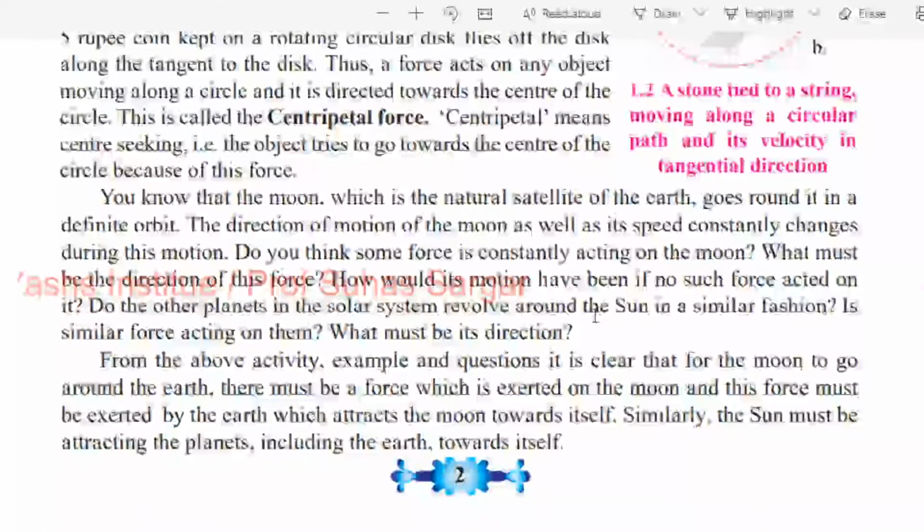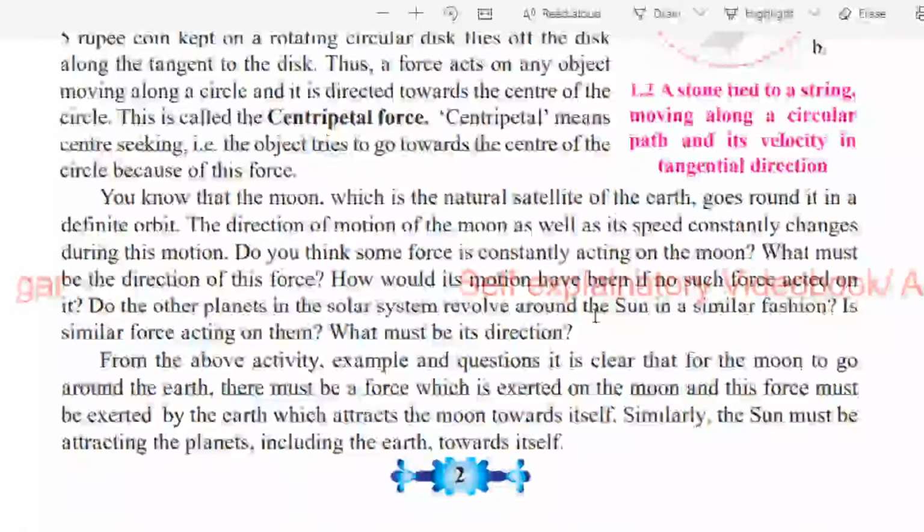What must be the direction of this force? How would its motion have been if no such force acted on it? Do the other planets in the solar system revolve around the sun in a similar fashion? Is a similar force acting on them? What must be its direction?